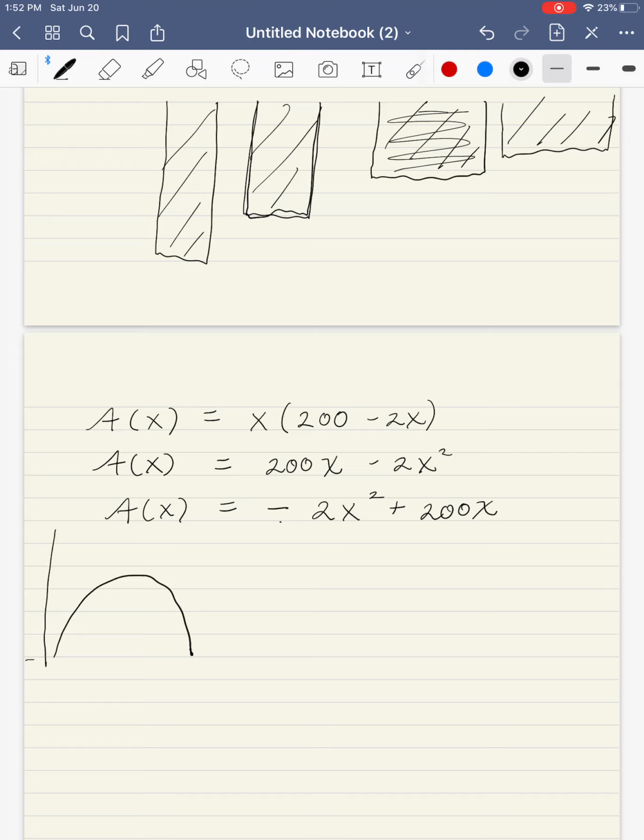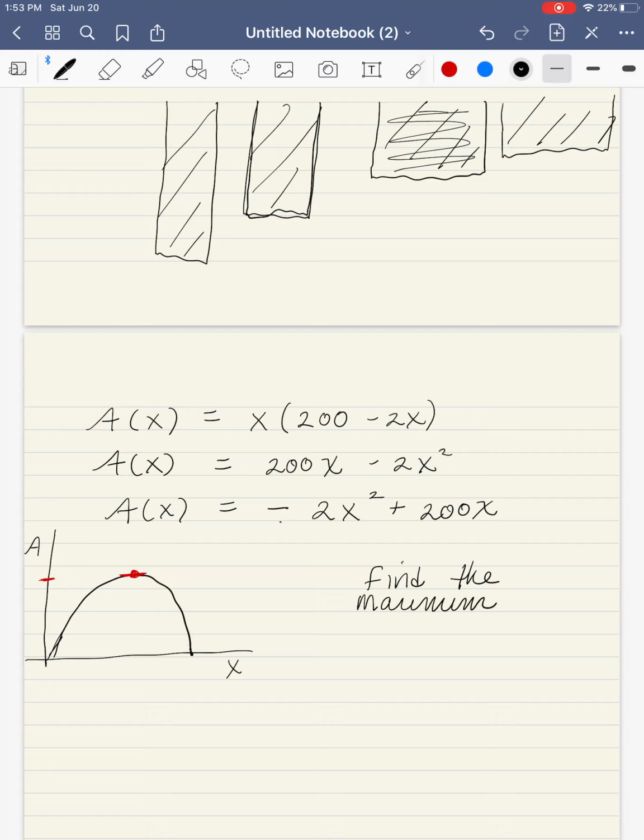So that means that the area is going to be a downward facing parabola. This is my area for any length x, and the maximum area is going to be at the vertex.